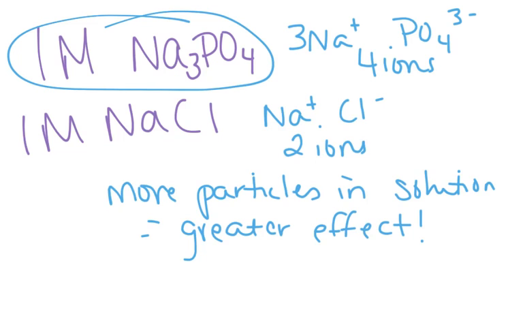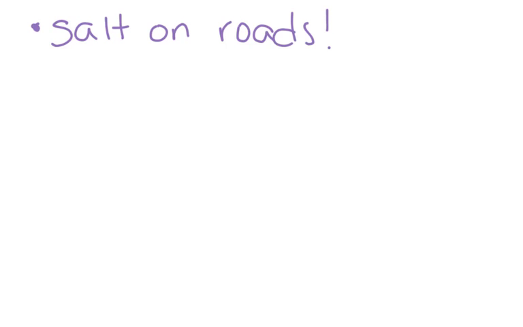Right? And then some real life examples of this, some things where you actually see colligative properties in action: right now we have lots and lots of snow on the roads, and they pre-treat it by putting salt down, and that will keep the water from freezing on the roads.